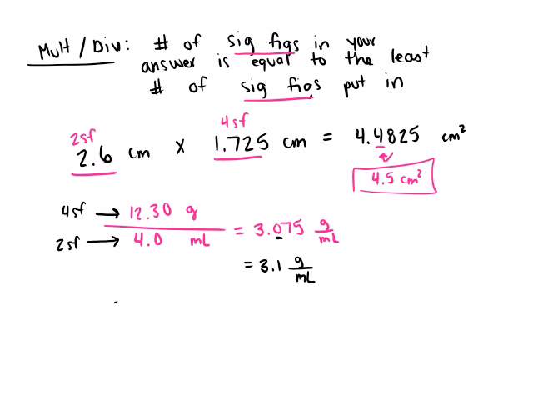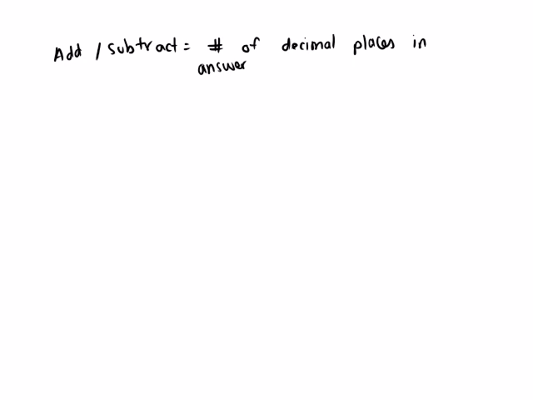Now, what if we are adding and subtracting? Well, then you have a different rule. The rule for when you add and subtract is the number of decimal places in the answer is equal to the least number of decimal places put in.